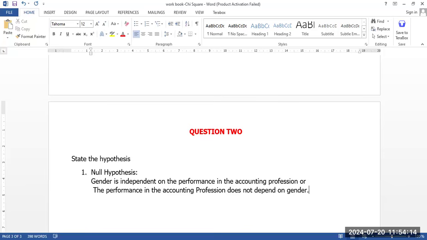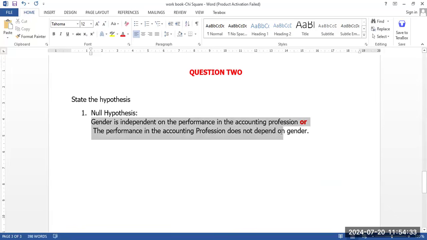But don't you think that those statements are the same? You are saying these statements are the same. Yes. One student can say for my null hypothesis, gender is independent on the performance in the accounting profession.